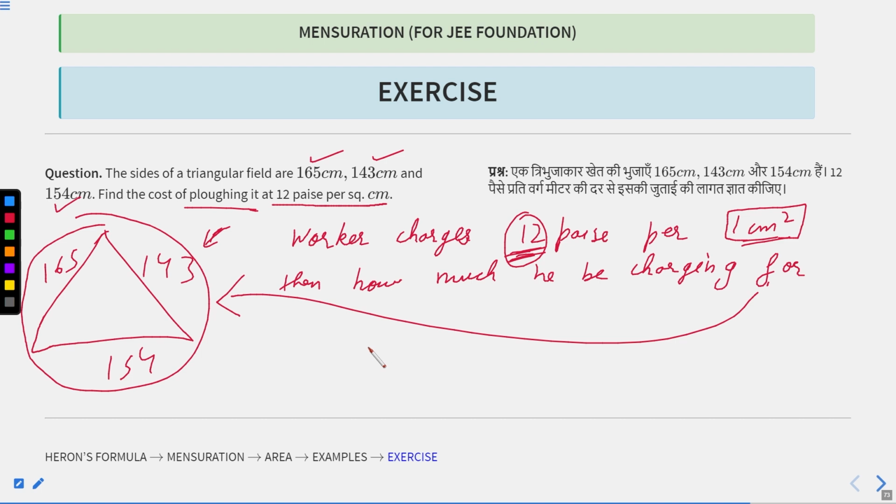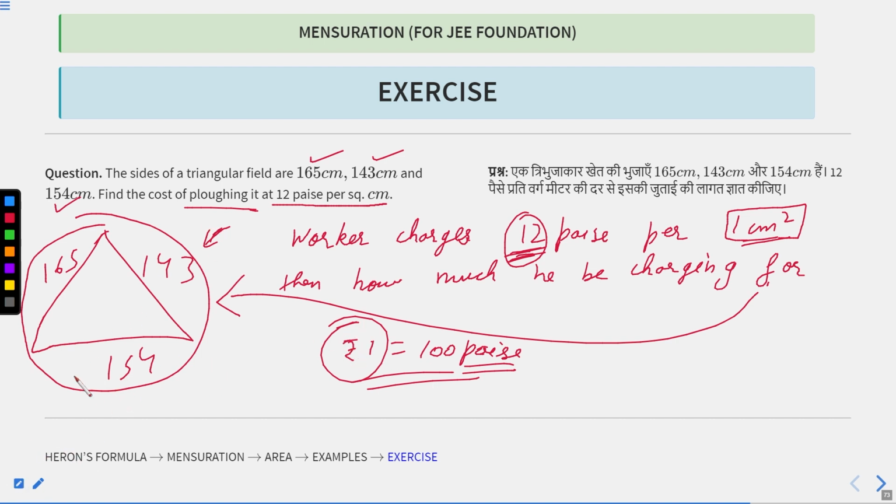Because in 1 rupee we have 100 paise. You can either answer in paise or in rupees. Okay, so let's solve it.